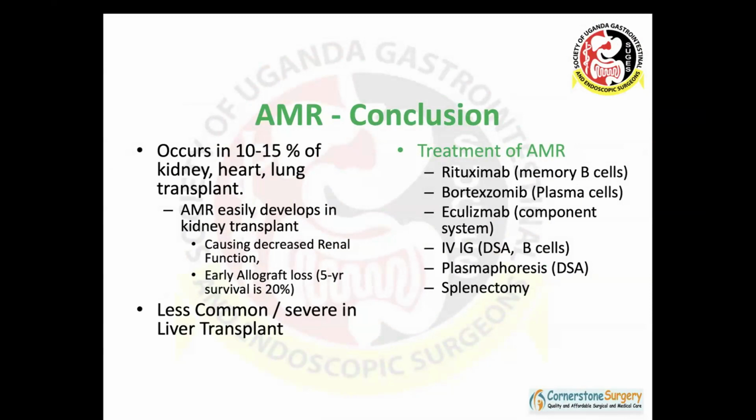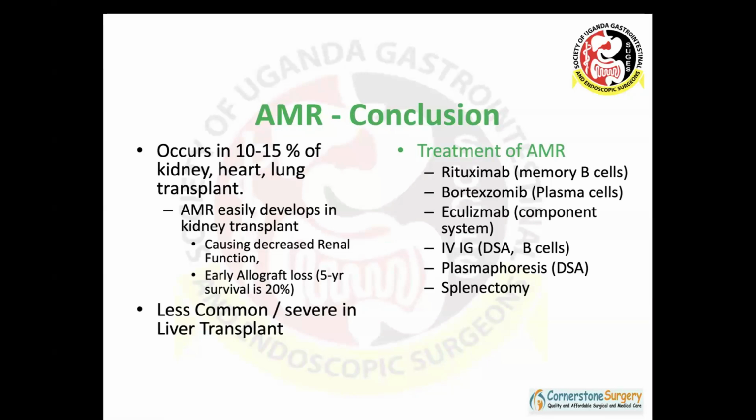Also, once it is set in, even if you control it, it has already caused some damage. So the survival of the graft is compromised. The most important thing is not even to allow it to happen in the first place. This response is less common in liver transplants and more common in the other types of transplants.